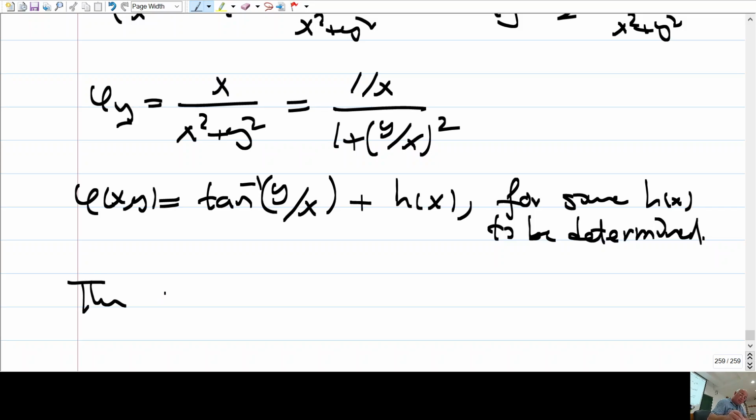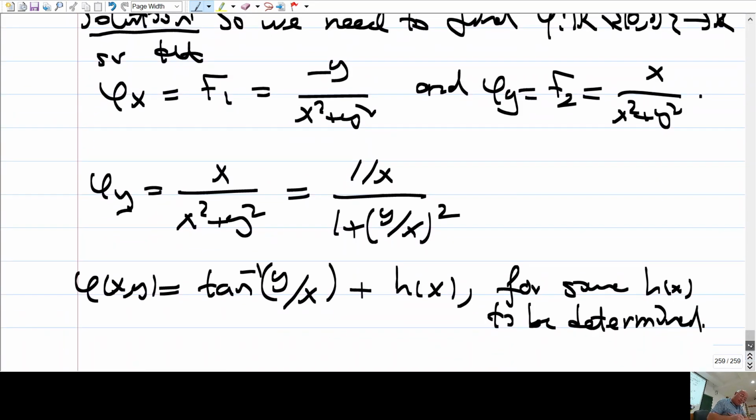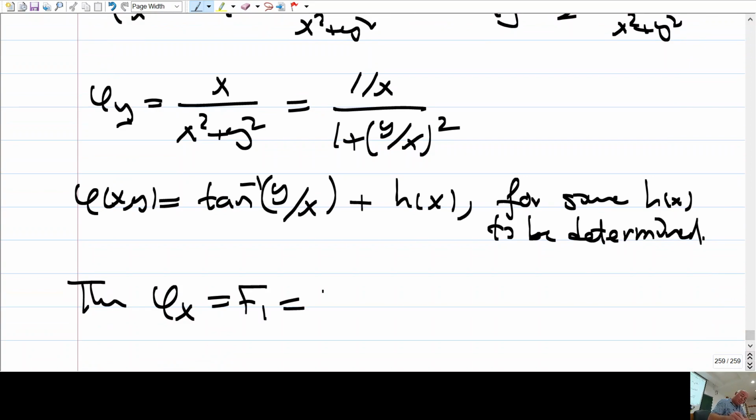Then phi sub x is equal to F1, which is minus y over x squared plus y squared. And this gives me what? Well, the derivative of this with respect to x.